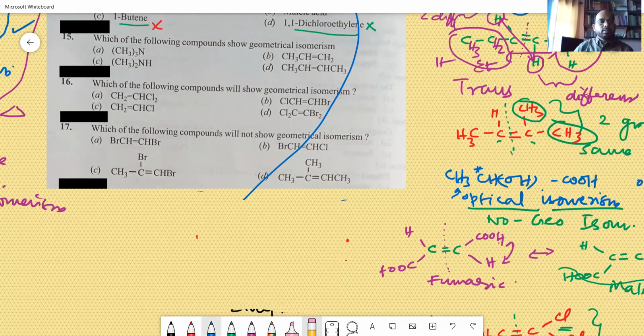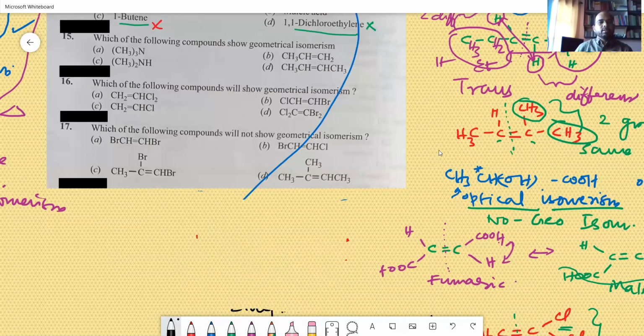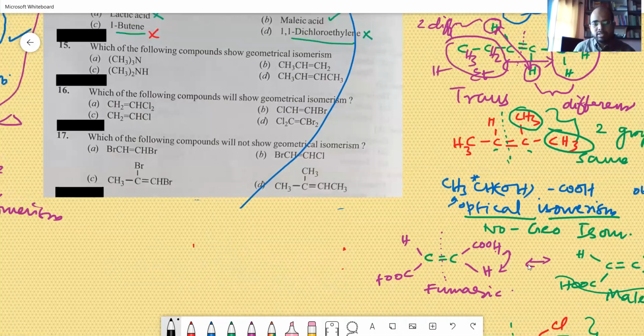Here it has given the structures directly. Question number 15, direct structures are given. So still you have to draw the structures.